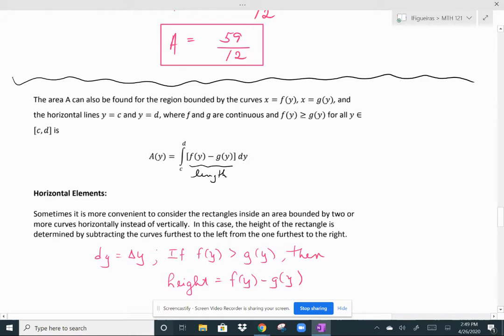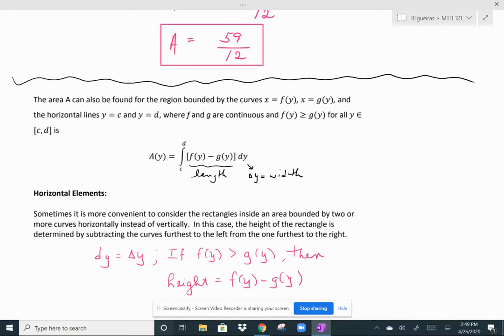I won't call it height because they're going to be horizontally oriented. This will be the length of the rectangle, and this one here will be your width of the rectangle. So when you're trying to figure out the order of how to subtract, f of y should be further to the right than g of y. That means f of y would have greater values than g of y.